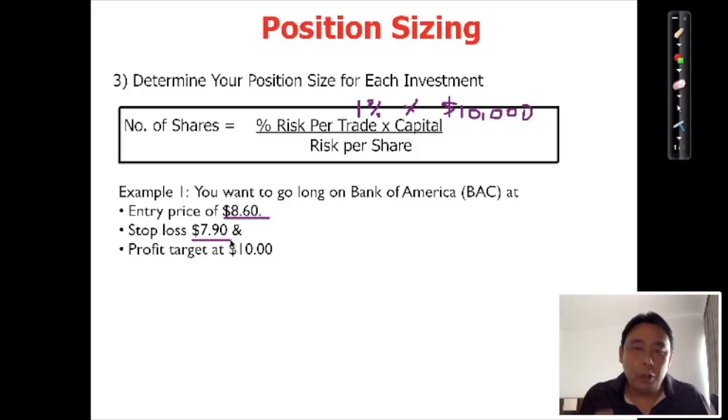Now, when you watch the videos on the specific strategies, whether the strategies are bounce strategy or piranha strategy, slingshot strategy, or breakout strategy, I'll teach you exactly where to put the stop loss. So that is coming in the future lessons. But for now, let's assume that your stop loss is at $7.90. All right? And you have a profit target of $10. So how do we calculate the number of shares to buy? Let's go step by step.